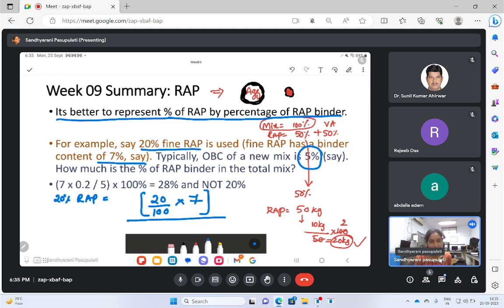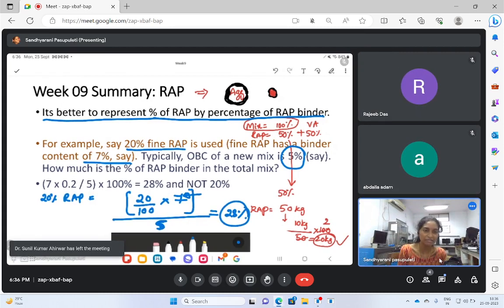After preparing the mixture, my final OBC is 5%. So in this total 5% of OBC, the 7% of binder is coming from the RAP. If we calculate this value, you will get 28%. So we have to represent the RAP percentage as this, which is nothing but the 28%.